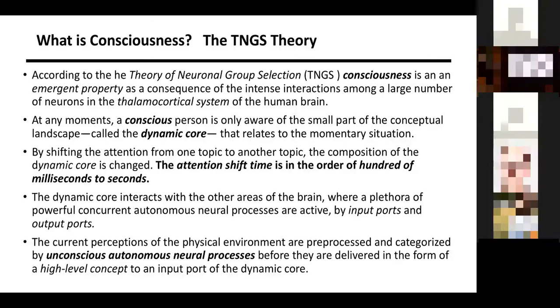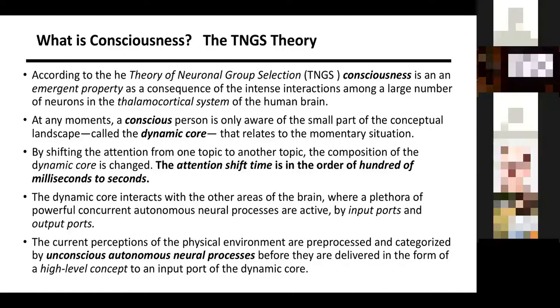And Edelman is an interesting fellow because he got the Nobel Prize for finding out the human antibody system. And then when he was very young, I think about 40 years, and the rest of his life, for 30 years, he worked on the issue of consciousness.